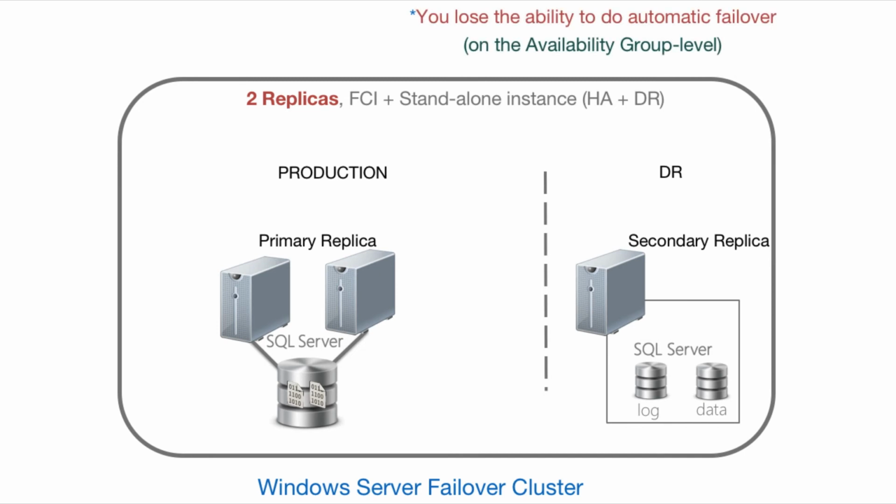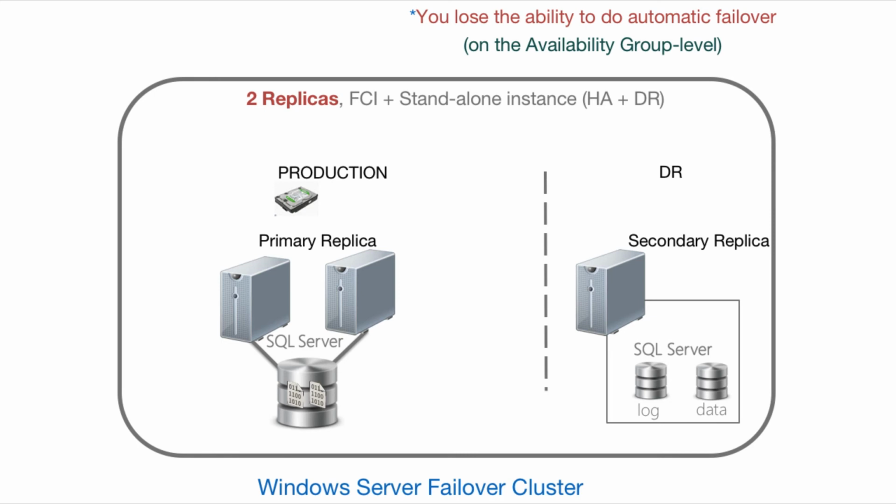Now, you could choose any type of quorum for this, but just a quick note that whenever you introduce a failover clustered instance as a replica on your availability group, you lose the ability to do automatic failover on the availability group level. On the instance level, you're still protected because the failover clustered instance takes care of the automatic failover. Let's take a look at the quorum type in this case.